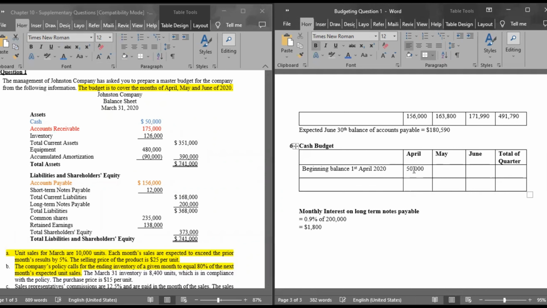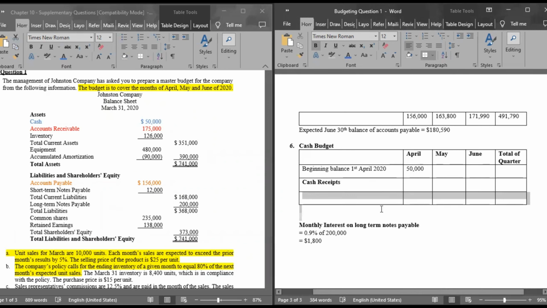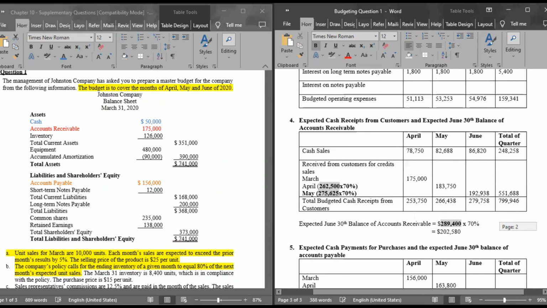Next, we need to make a heading of cash receipts. First of all, we will place cash received from customers. From the customers, we have received cash, which is mentioned in requirement number 4.